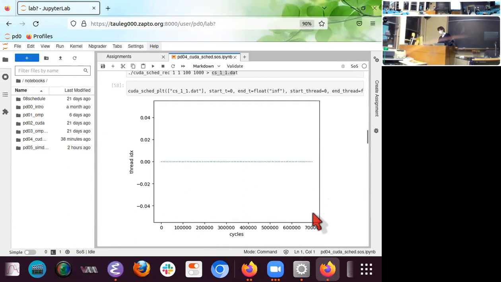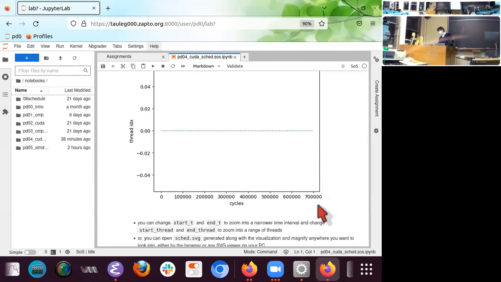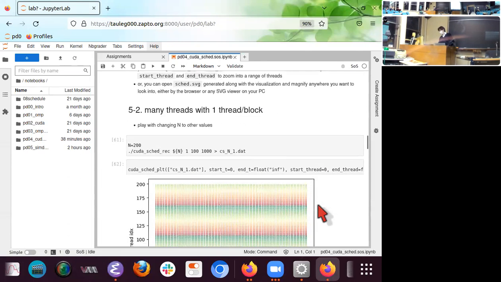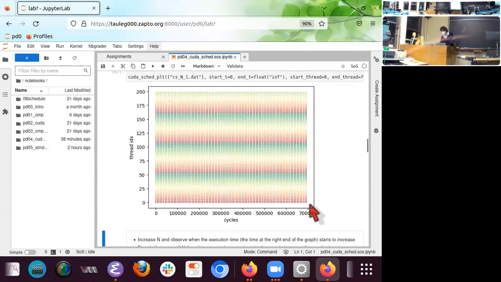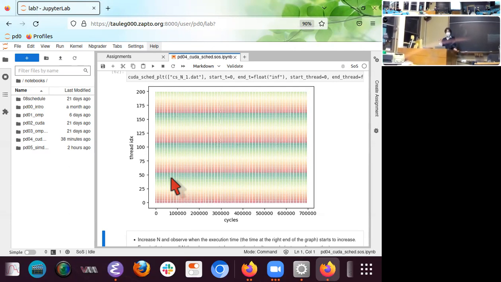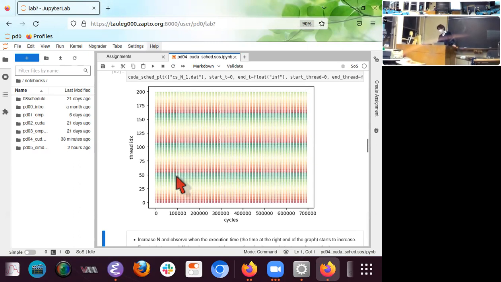Both took about 700,000 cycles, right? And the other thing is, these apparent patterns of colors indicate the GPU is doing something obvious and reasonable to distribute all threads to different streaming multiprocessors.